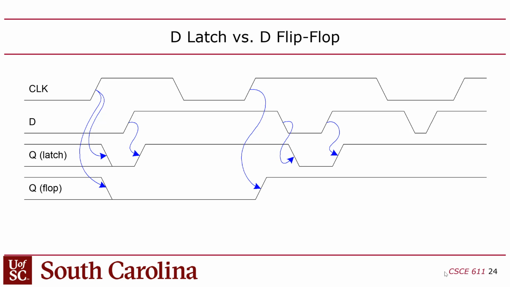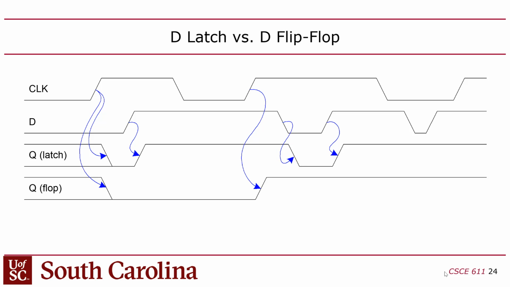So D comes down, Q comes down, no problem. Then D goes up, Q goes up. So pretty much D and Q are the same thing as long as the clock is high. But once the clock goes down, which it does here, it's going to close the gate, so now when D goes down, Q ignores it.